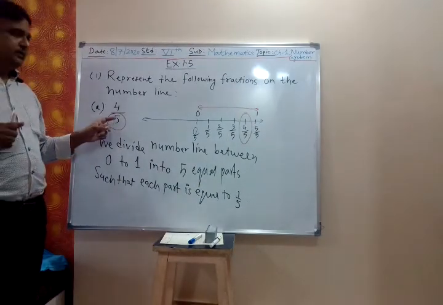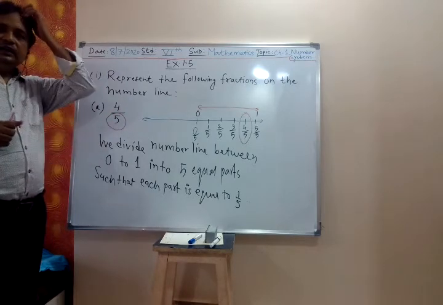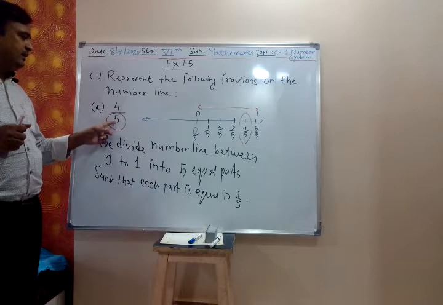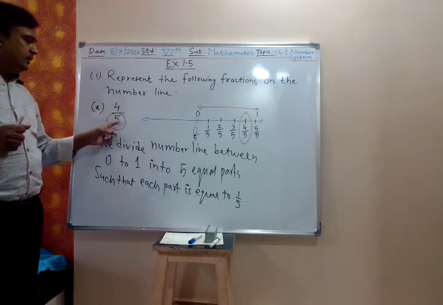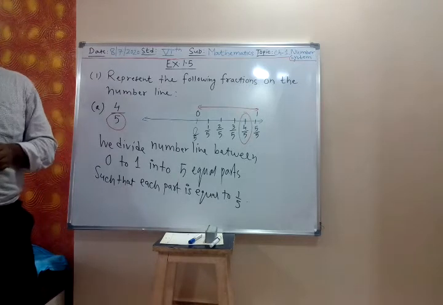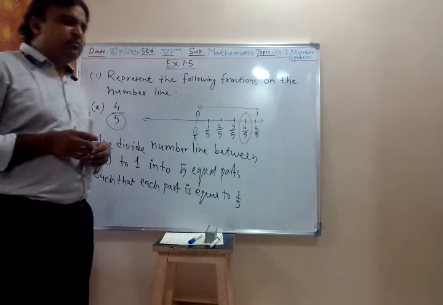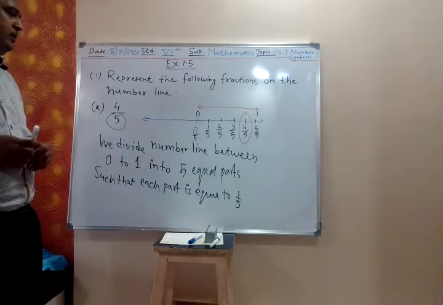Denominator is 5. And so we divide the number line between 0 to 1 into 5 equal parts.